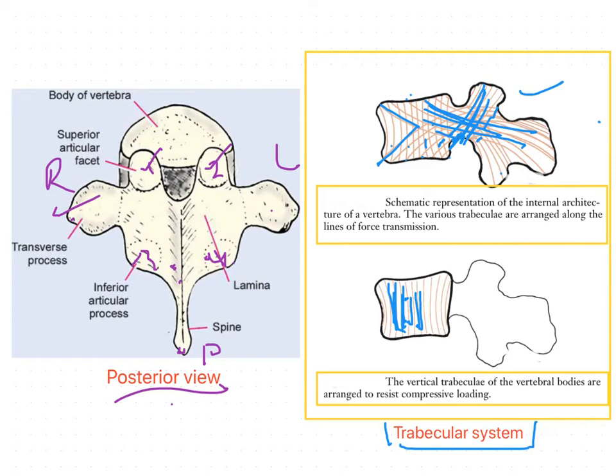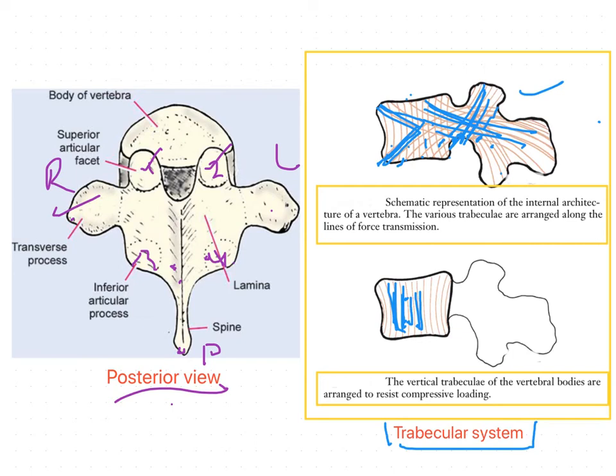When such a combination is present, that area becomes strong. On the anterior aspect only the vertical trabecular system is present, so this is the weak area of the vertebrae. This is called the area of weakness.